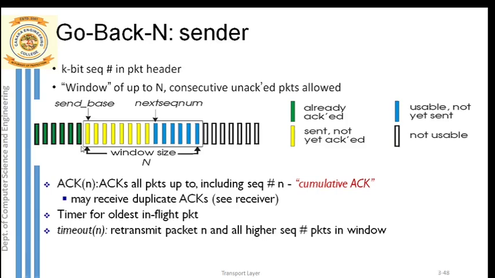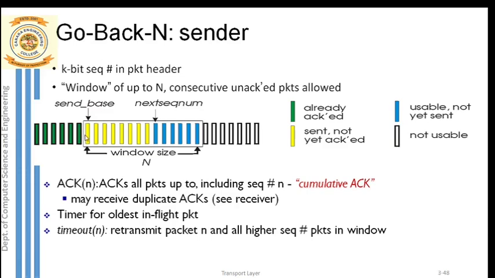So base will always be pointing to the beginning of the window, and here the base indicates that the packet is already sent, but acknowledgement is not received. So these yellow packets indicate unacknowledged packets.